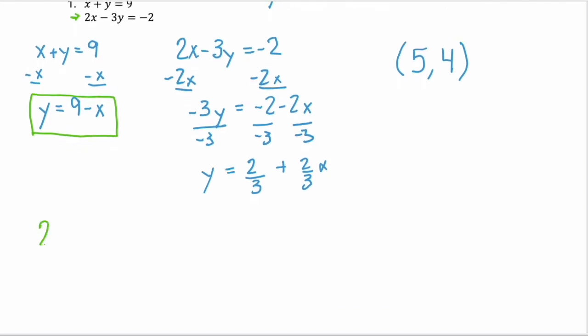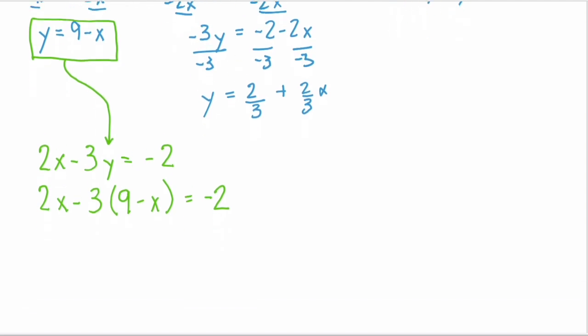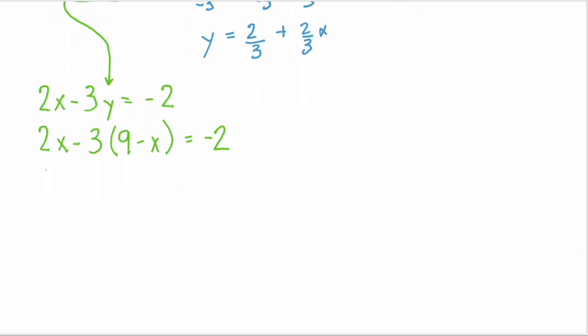So, taking our second equation, which is 2x minus 3y equals negative 2, I'm going to substitute this in for y, which will give me 2x minus 3 times (9 minus x) equals negative 2.